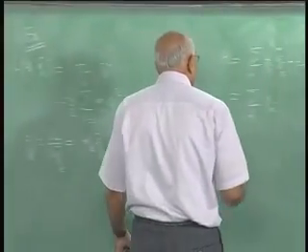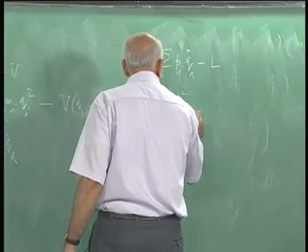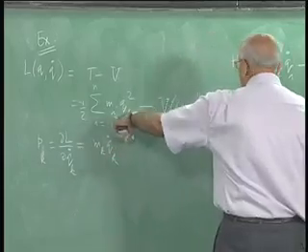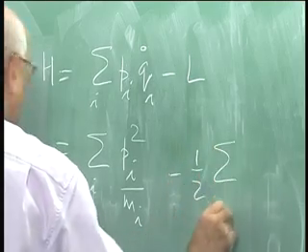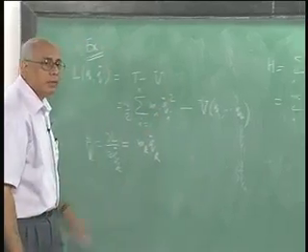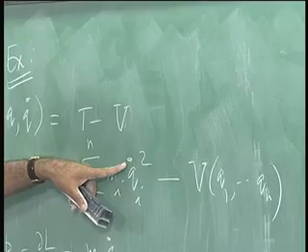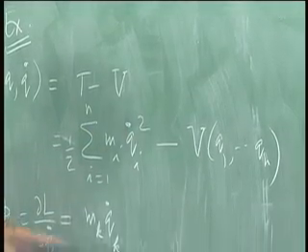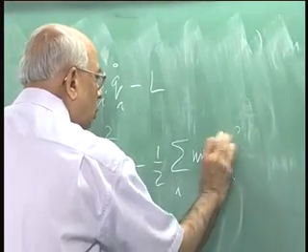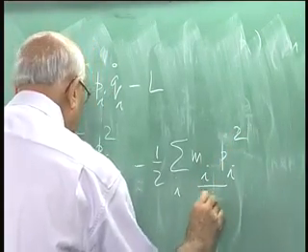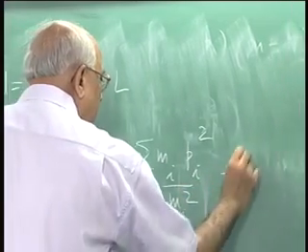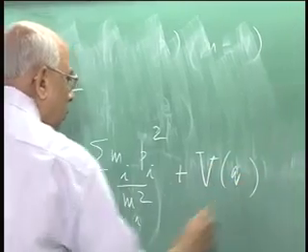So this becomes p_i dot p_i divided by m_i, minus, that takes care of this part, minus 1/2 summation over i m_i q_i dot squared, but I have to write q_i dot as p_i divided by m_i, and when I do that, I get p_i squared over m_i squared, plus the potential V of q.